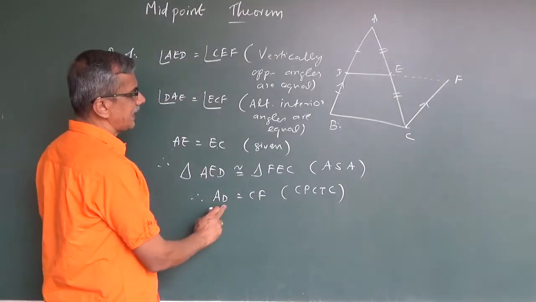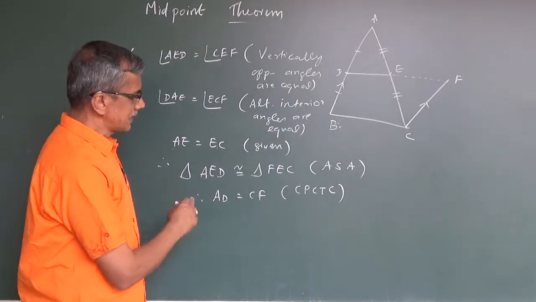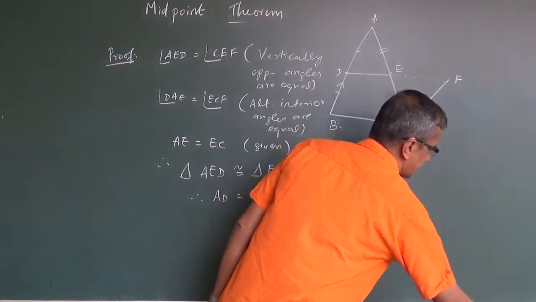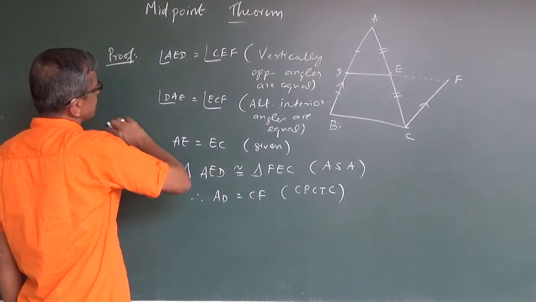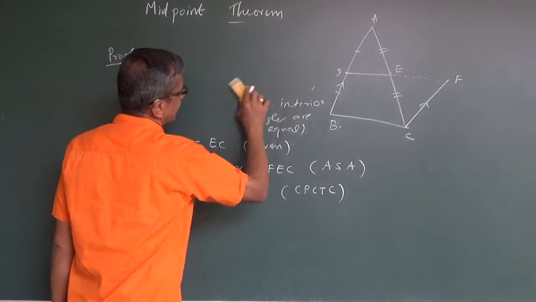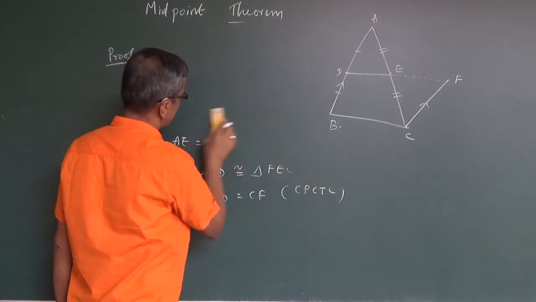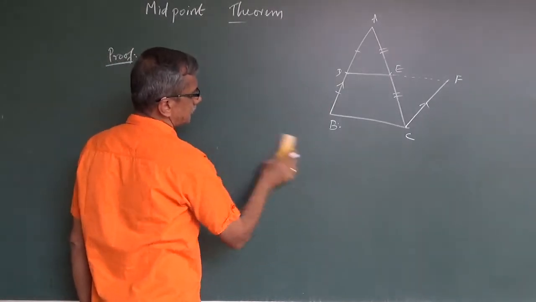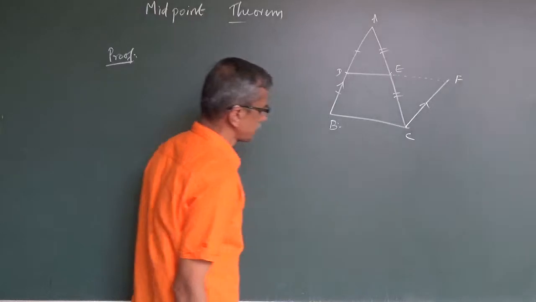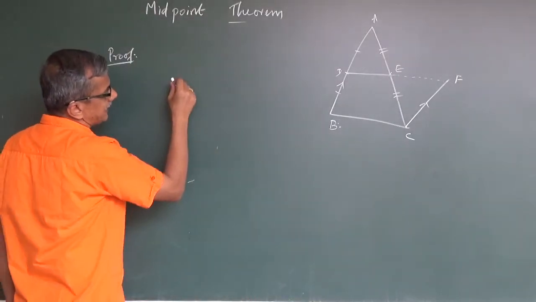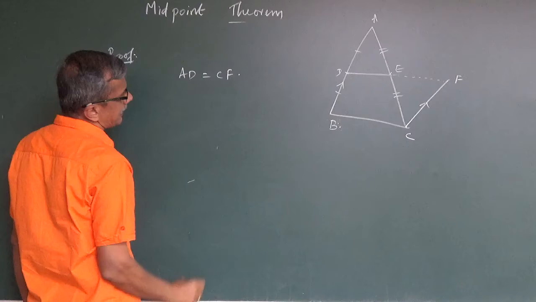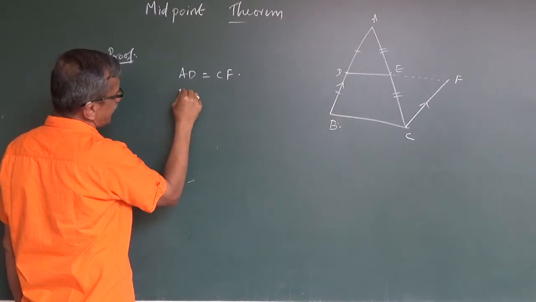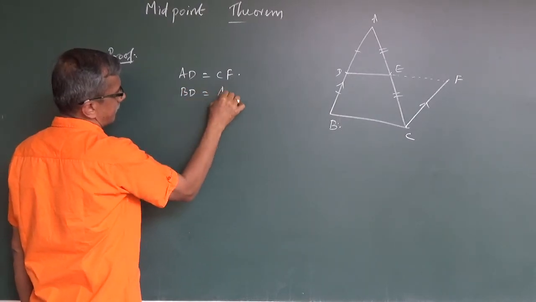Now we have proved that AD and CF are equal. For the second part, I will erase this and write the next step. So this much we have understood. Now the second part. AD is equal to CF, and BD is equal to AD.